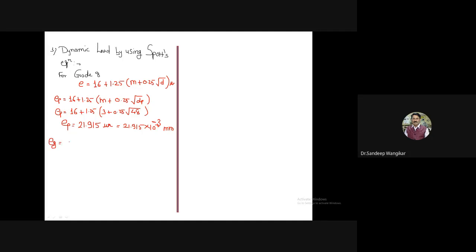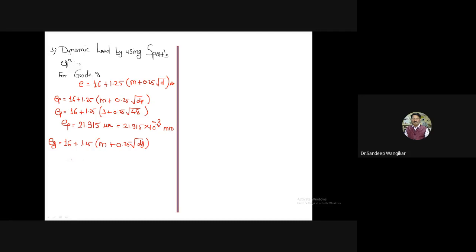Similarly, error for gear I will calculate: 16 plus 1.25 into bracket m plus 0.25 under root of dg.